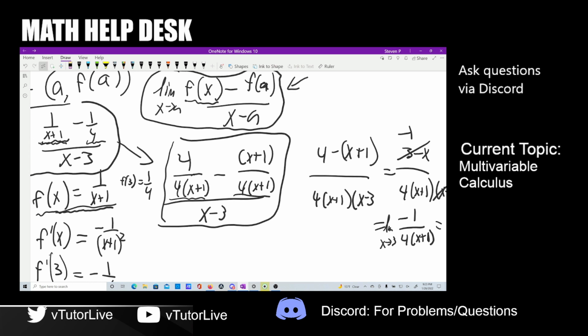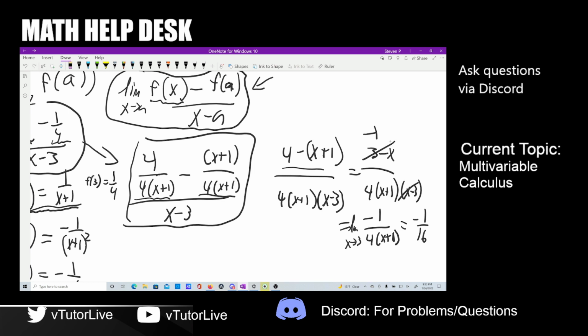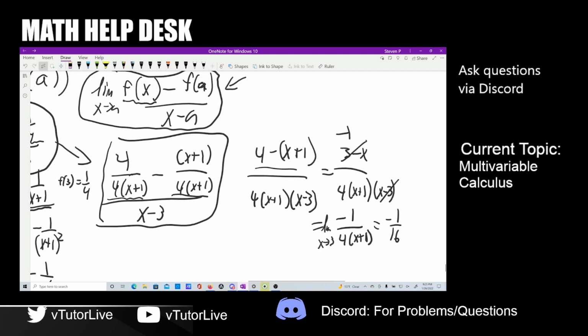At this point everything's over a common denominator, and you can just subtract. You're going to get 3 minus x, which cancels out nicely with this thing down here and leaves you with a -1. You plug in x as it approaches 3 at the very end, and you should end up with -1/16.